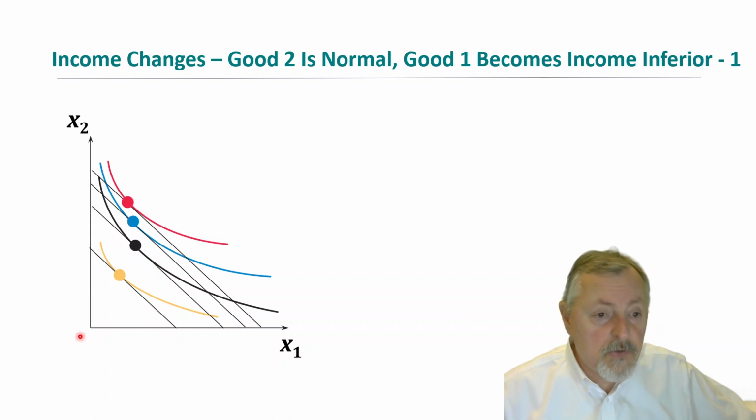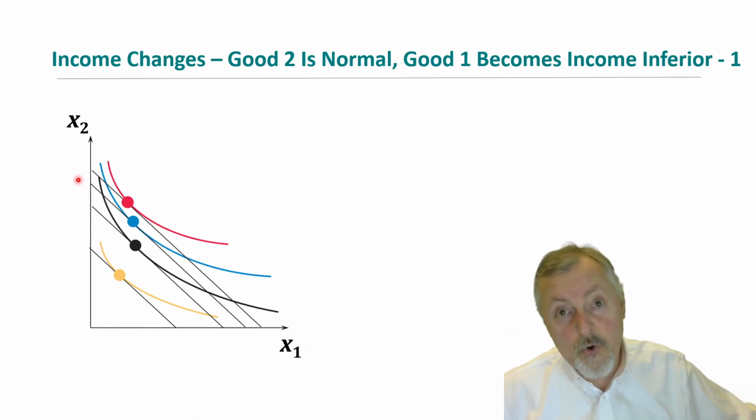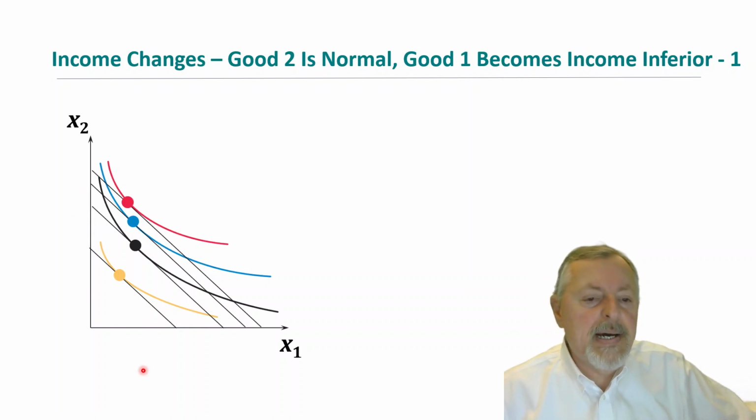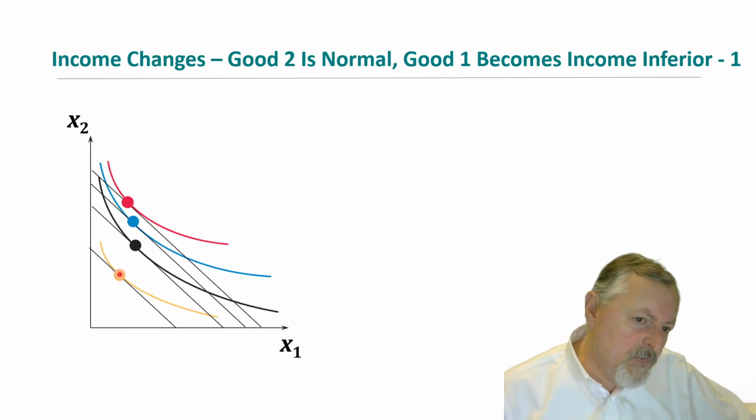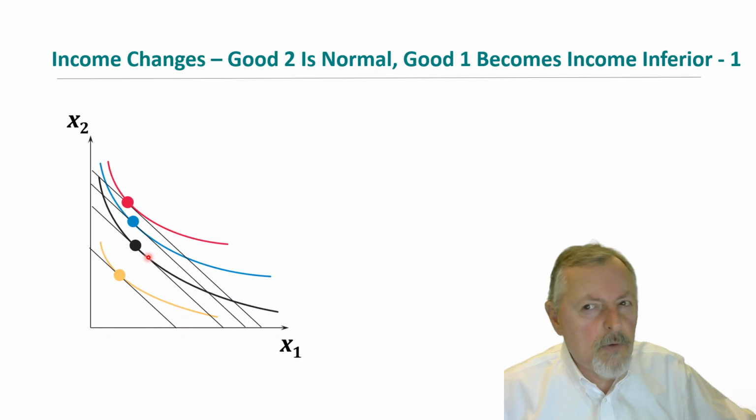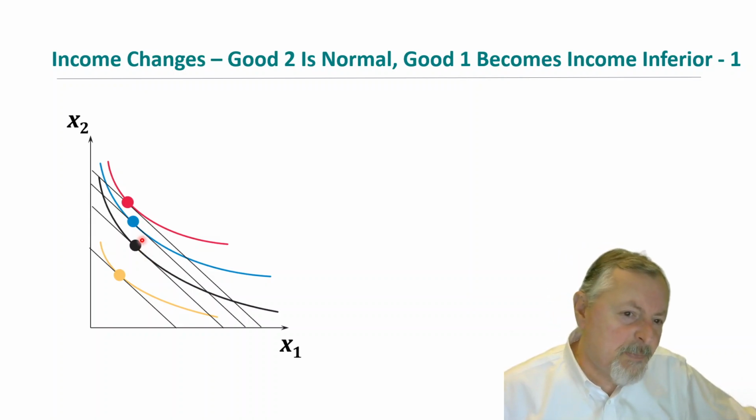As your income goes up, you're buying more and more of thing 2. It's a normal good. But as your income goes up, from here to here, you are buying a little more of quantity 1, but as your income goes up more, you start to buy less of commodity 1.